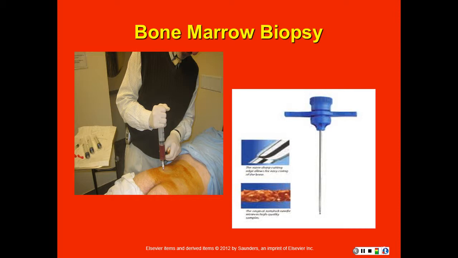Once the procedure is over, post-op care: you've accessed the bone marrow, so you have a risk of bleeding. So these people have pressure dressings applied to the site, and we usually keep the pressure dressing on for about 24 hours.